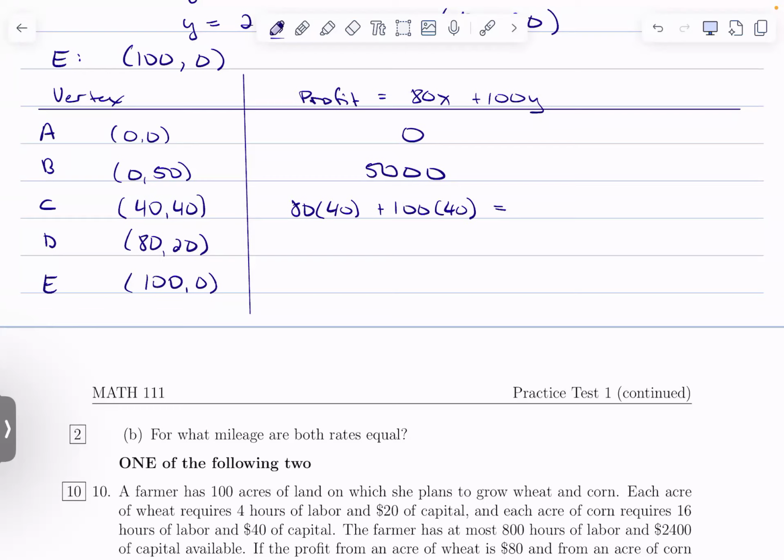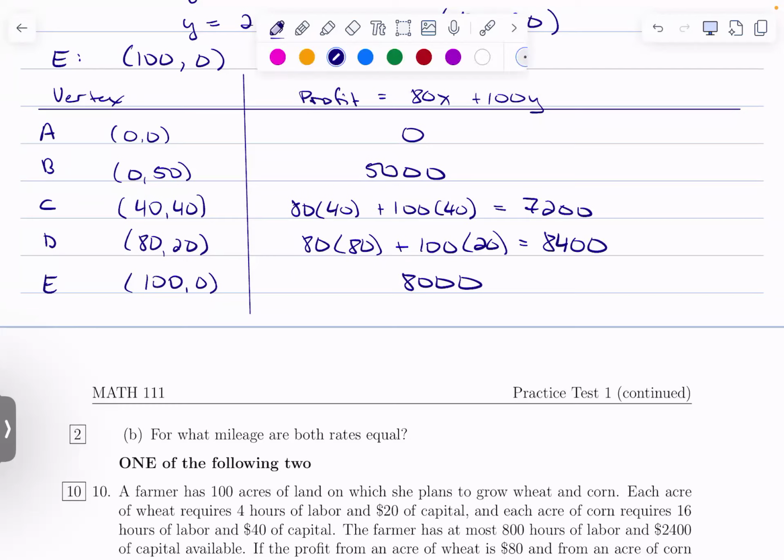It's 3,200 plus 4,000. Then 80 times 80 plus 100 times 20, plus 2,000. I'm going to go for D. I want to maximize my profit.